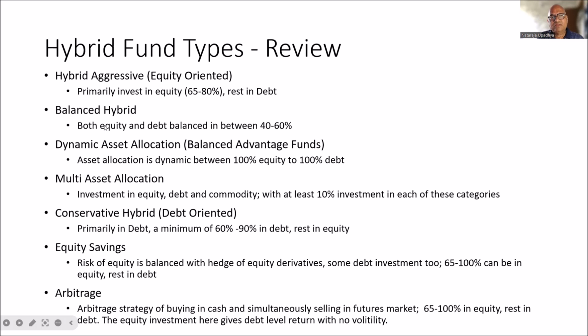So there are 7 different funds, and the percentages marked here are notional because a particular fund may use a different percentage than what is the guideline here. In fact, when I noticed the definitions across various brokerage houses, the definitions varied in these percentages. Anyway, our purpose is not academic here, just to get a feel of what is a typical hybrid fund type. I hope this is clear for you.